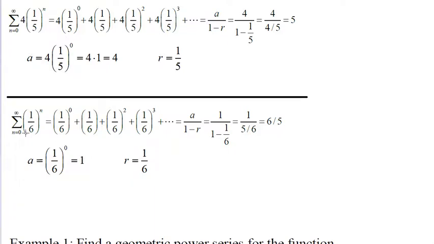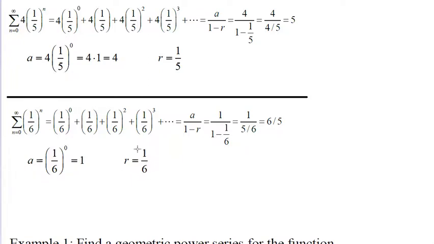Here we have another geometric series. This time it's just 1/6 to the n. Again n starts at 0. So expanding the series, we get 1/6 to the 0, 1/6 to the first, and so on. The first term, that's a, is 1/6 to the 0, which is 1. And then the common ratio is 1/6.